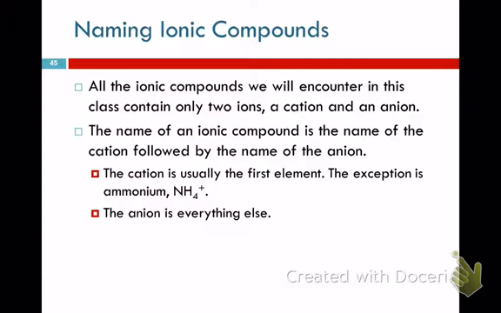So molecular or covalent compounds, non-metal, non-metal compounds. And we are only learning the binary compounds. What does binary mean? 2, right? So there are 2 elements in the formula.